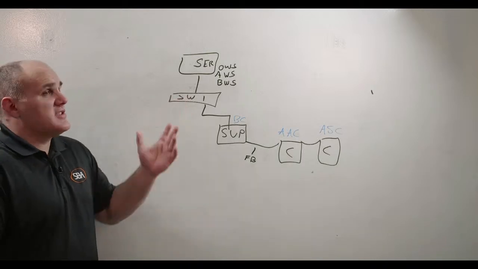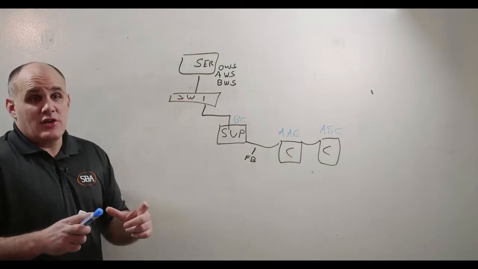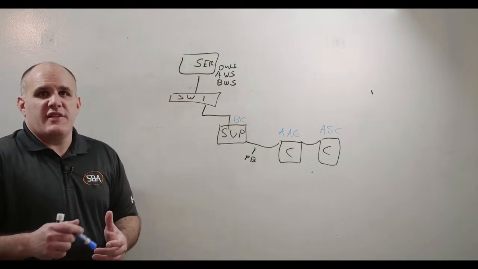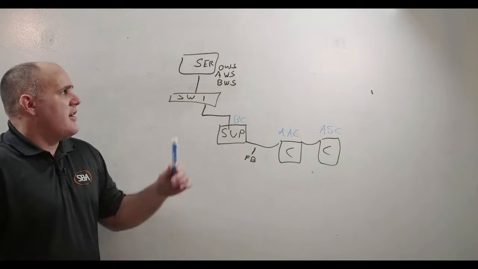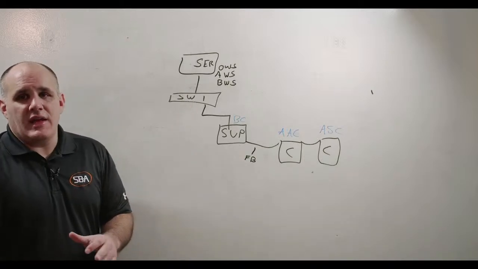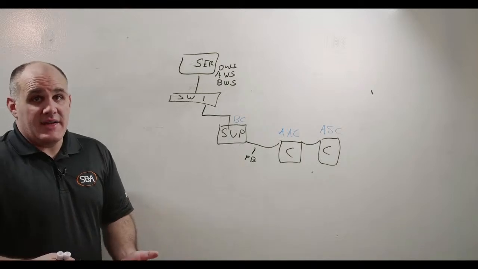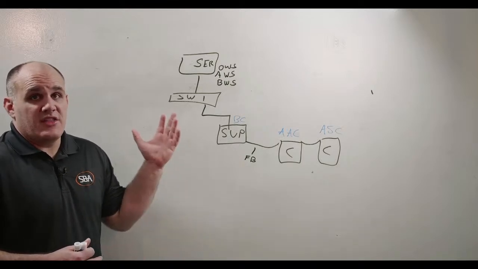So servers enable you to have a single graphics environment. You don't have to switch between supervisory devices. They also enable long-term trending. They also enable APIs on some software. So there's a variety of things.